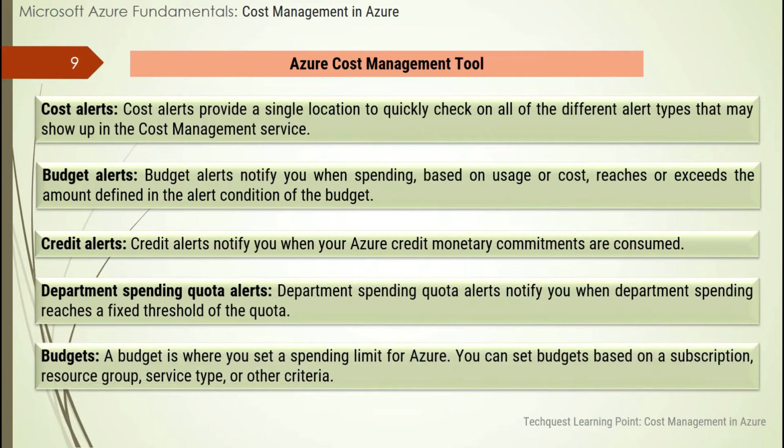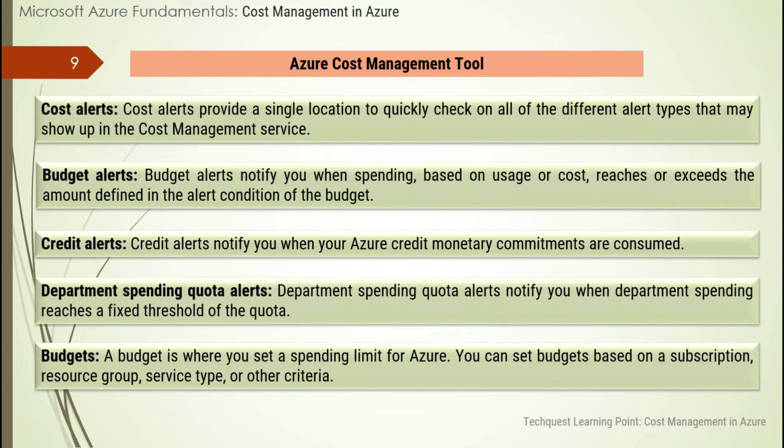Budgets. A budget is where you set a spending limit for Azure. You can set budgets based on a subscription, resource group, service type, or other criteria. When you set a budget, you will also set a budget alert. When the budget hits the budget alert level, it will trigger a budget alert that shows up in the cost alerts area.